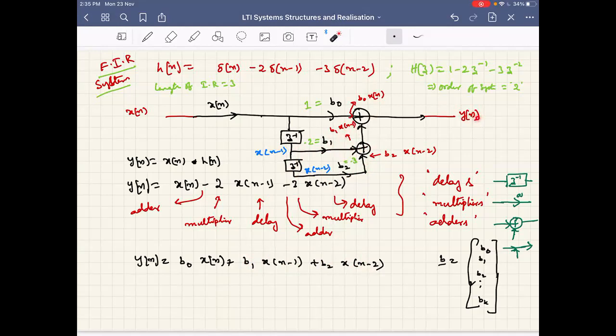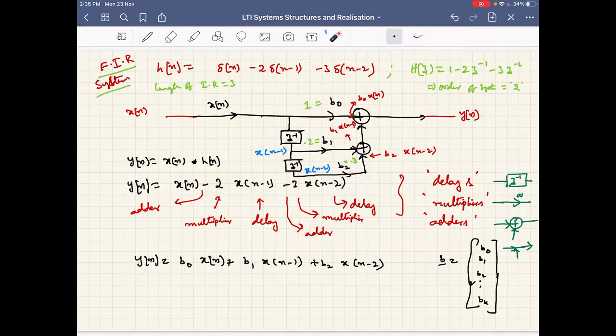Y of n is now equal to b0 into x of n plus b1 into x of n minus 1 plus b2 into x of n minus 2. This is the structure for realizing an FIR system. If we have more terms, more delays will come, more multipliers and more adders.